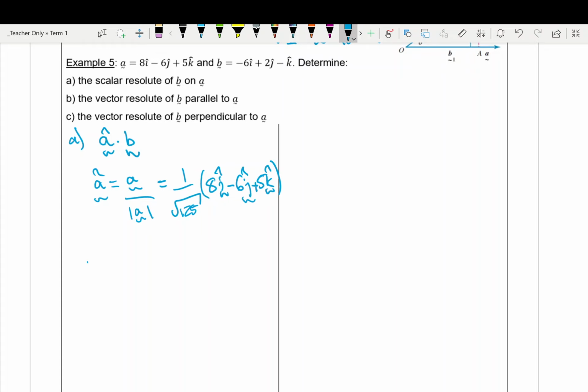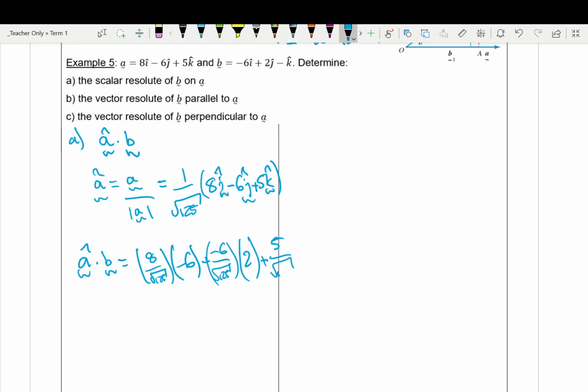If we then take the dot product of that with b, we get 8 on root 125 times by -6, which is our i component of b, plus -6 on root 125, which is our j component of a, times by 2, which is our j component of b, plus 5 on square root 125, which is our k component of a, times -1, which is our k component of b.